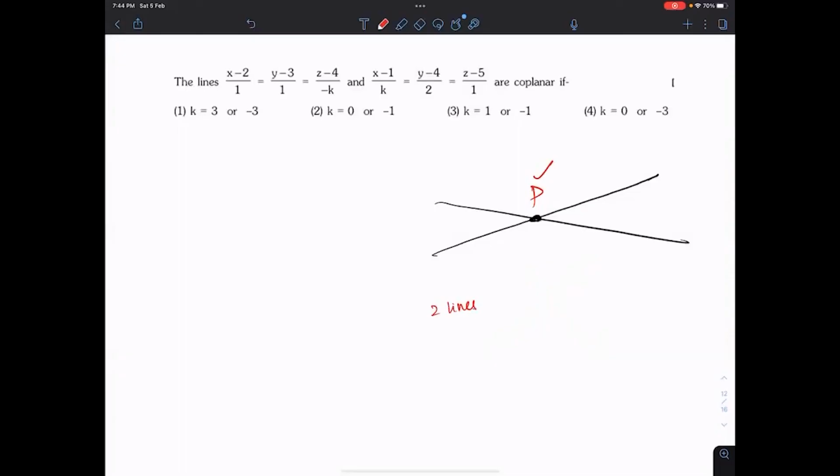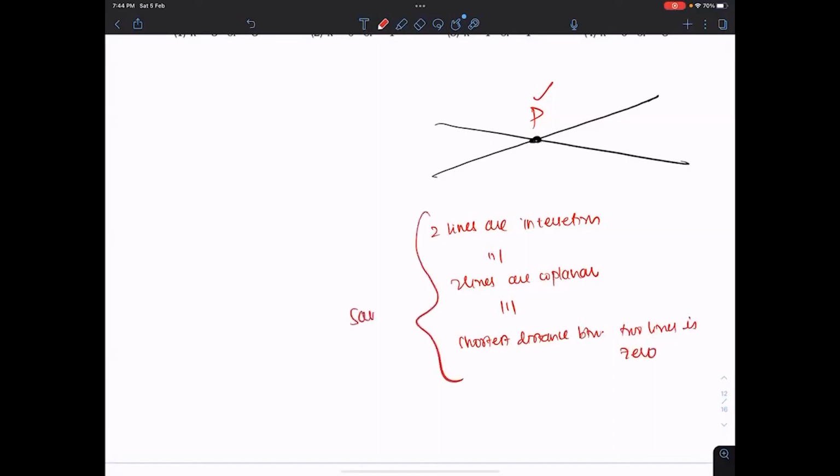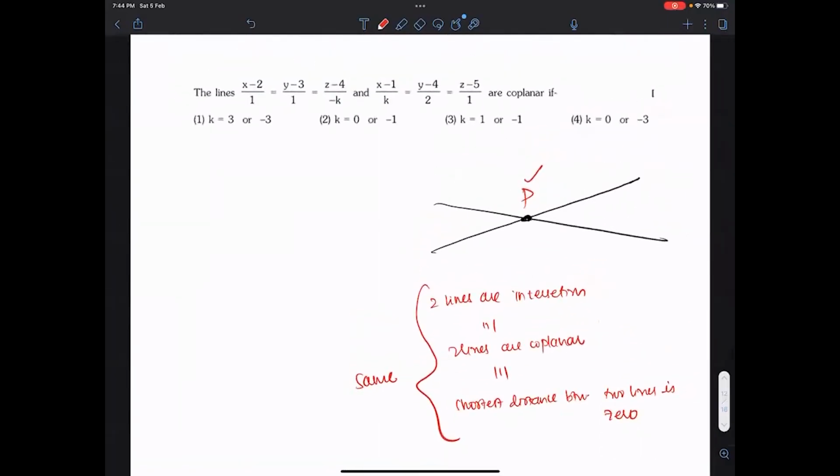If I say 2 lines are intersecting, or if I say 2 lines are coplanar, or if I say the shortest distance between 2 lines is 0, all these 3 statements are the same. So here they are saying they are coplanar. Done. So that means the shortest distance must be 0.